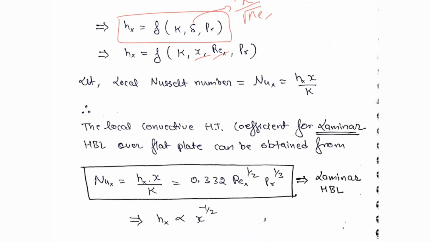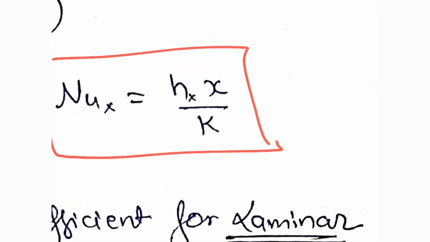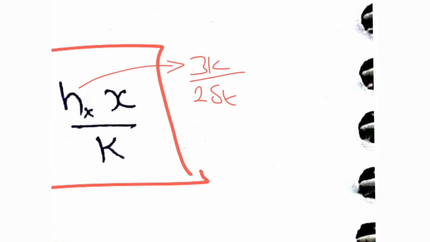We know the formula for Nusselt number, that is Nux is equal to hx by k. Okay, this is the formula for local Nusselt number. And from this, if you open up all these things, what is hx? Hx is nothing but 3k upon 2 delta t, into x by k.